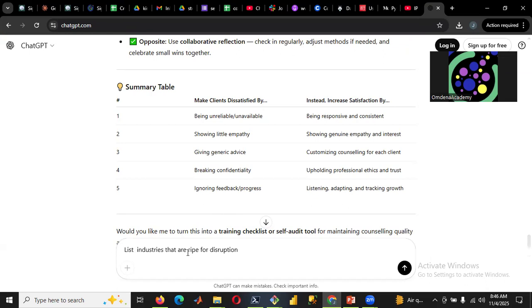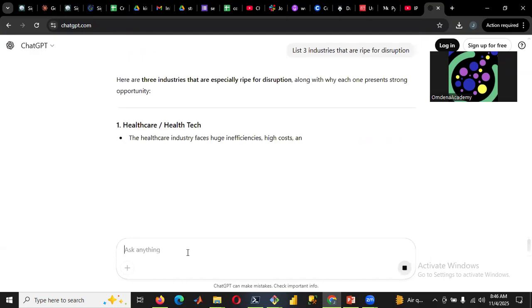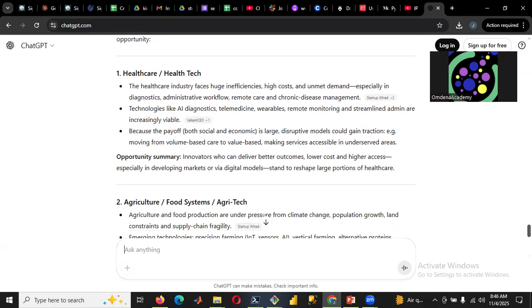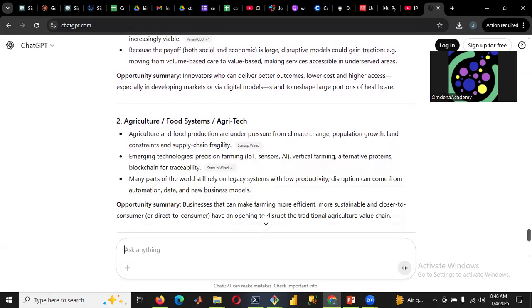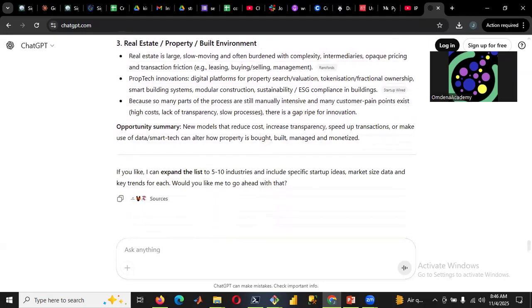So here you say 3 industries that are ripe for disruption, and you hit enter. Number 1 is healthcare, the other one is agriculture, and then real estate. All 3 are ripe for disruption.